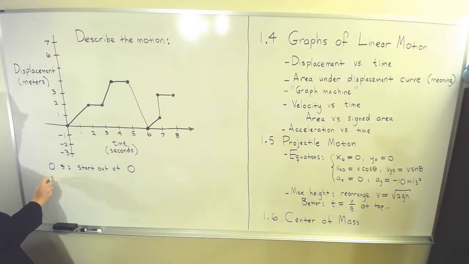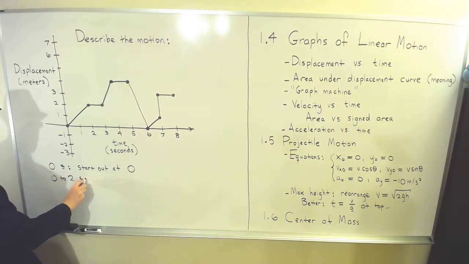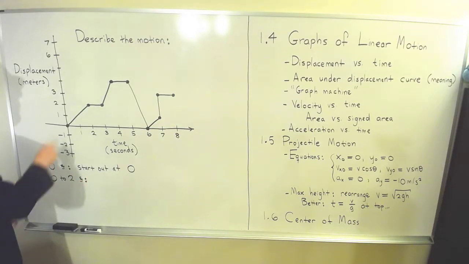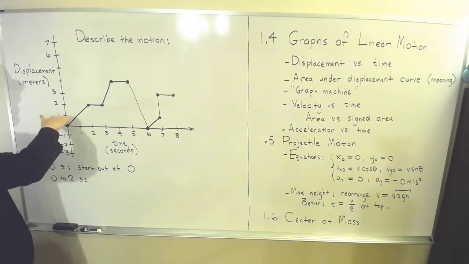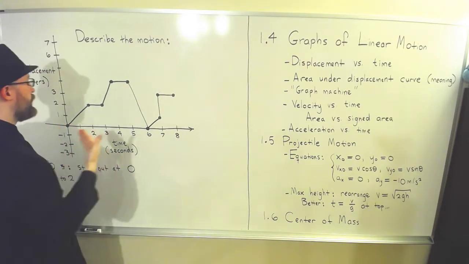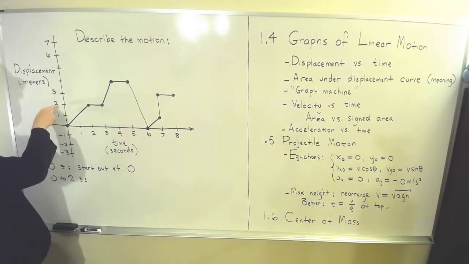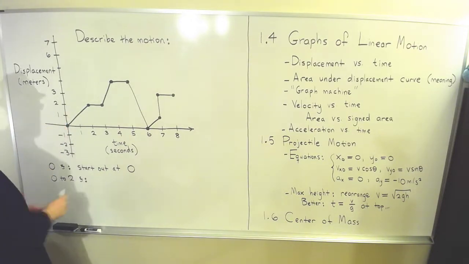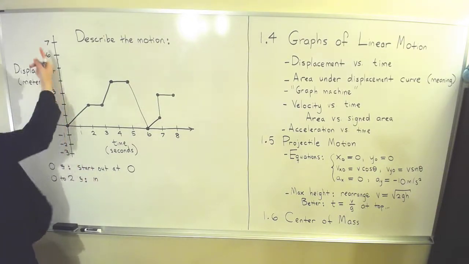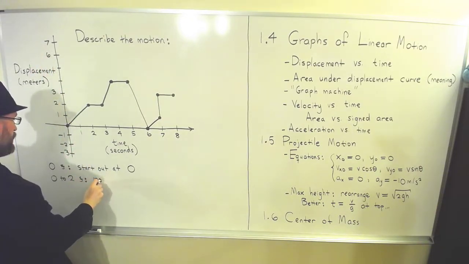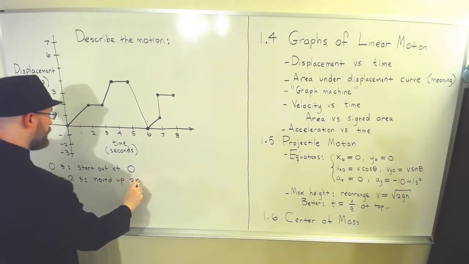What's happening there? Well, your vertical distance here is telling you how far you've moved and in what direction. And you've moved out to 2 meters. I have the positive direction here oriented up. So I'm going to say moved up 2 meters.